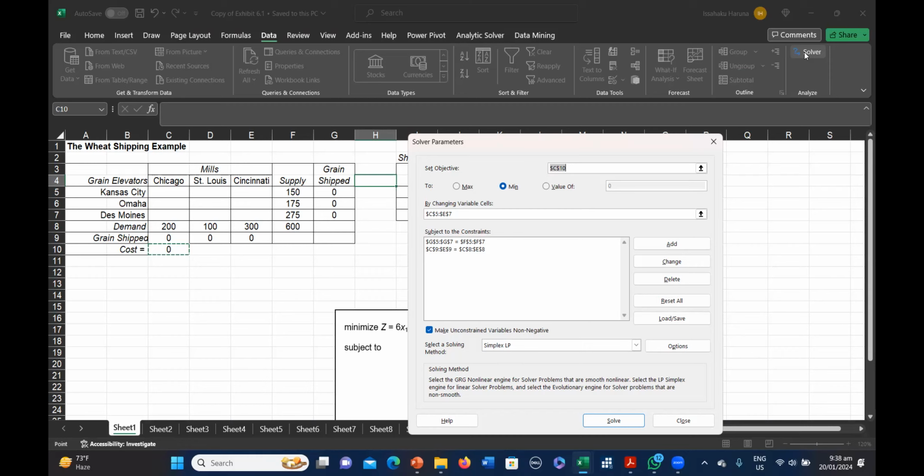The only thing is that once you reset, all these choices will be reset. So if you forget to change it from max to min, you'll be solving it as a maximization problem when it is a minimization problem. So if you reset, you have to take note of that. Okay.